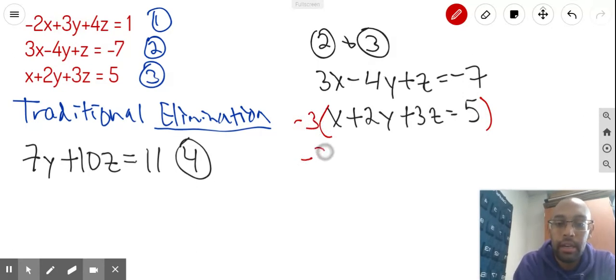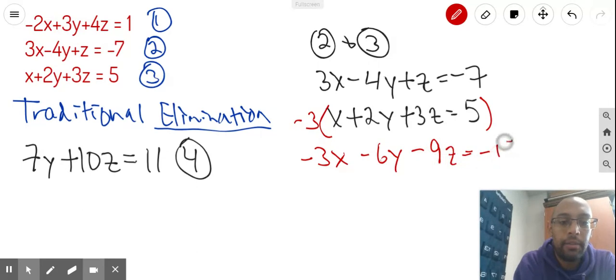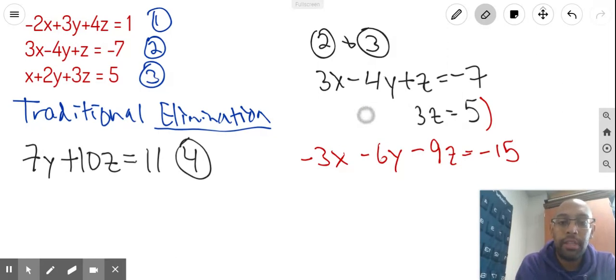That's going to give me negative 3x minus 6y minus 9z equals negative 15. Again, I multiplied the second equation by negative 3. I just distributed negative 3 to each term. So now I'm going to erase this line.